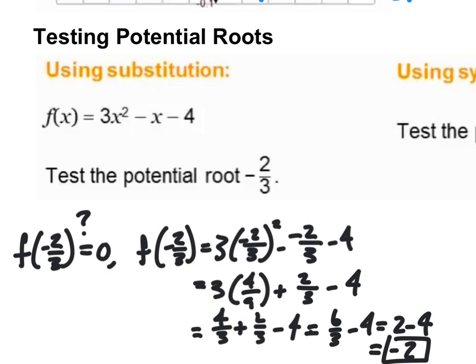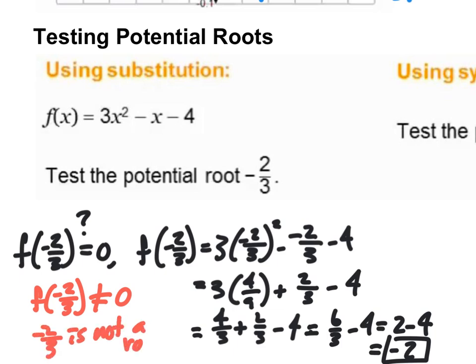So this doesn't give me 0. f of negative 2/3 does not equal 0. Therefore, negative 2/3 is not a root. That's what we're just trying to figure out.